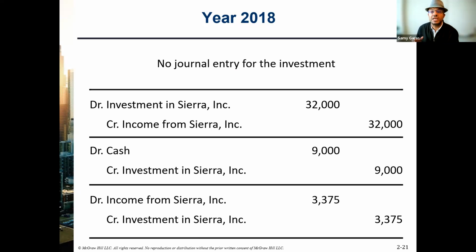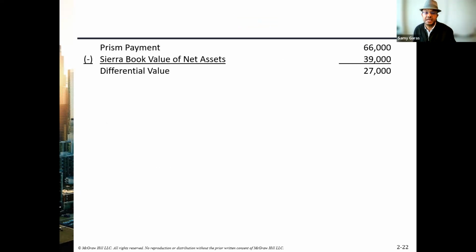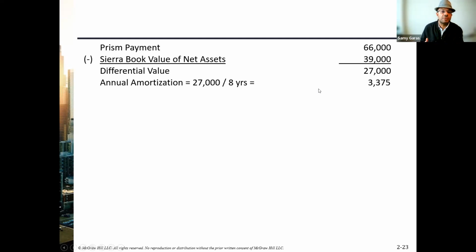Then we need to calculate the balance of the investment account. So as I mentioned earlier, we have made a payment of 66,000. The shareholders' equity of the subsidiary, retained earnings and common stock, is 39, so the difference is 27. We amortize it over 8 years, so we get 3,375, and now we start calculating the balance.